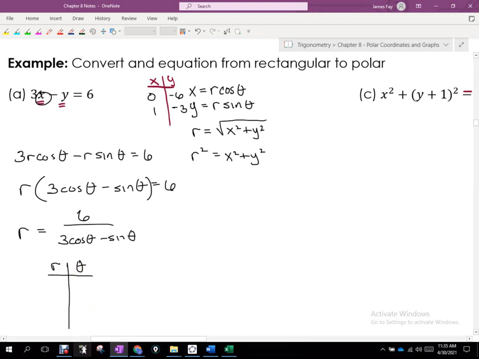Previously, we would choose x to evaluate, x being the independent variable, right? Theta is the independent variable here in polar, okay? So let's choose a value of theta. Give me a value of theta that makes sense for evaluating cosine and sine.